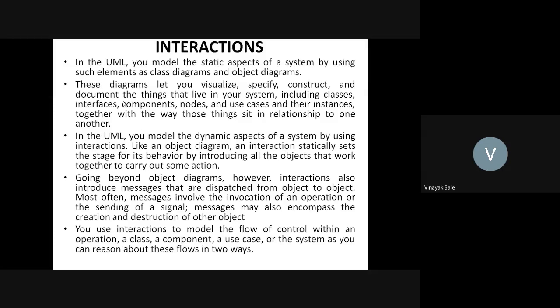In UML, you model the dynamic aspects of a system by setting up interactions, like an object diagram. An interaction statically sets the stage for the behavior by introducing all the objects that work together to carry out some action. Going beyond an object diagram, however, interactions also introduce messages that are dispatched from object to object.